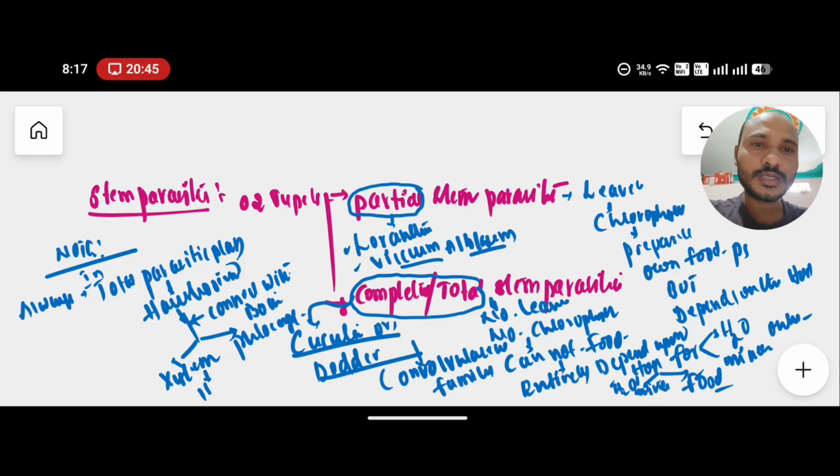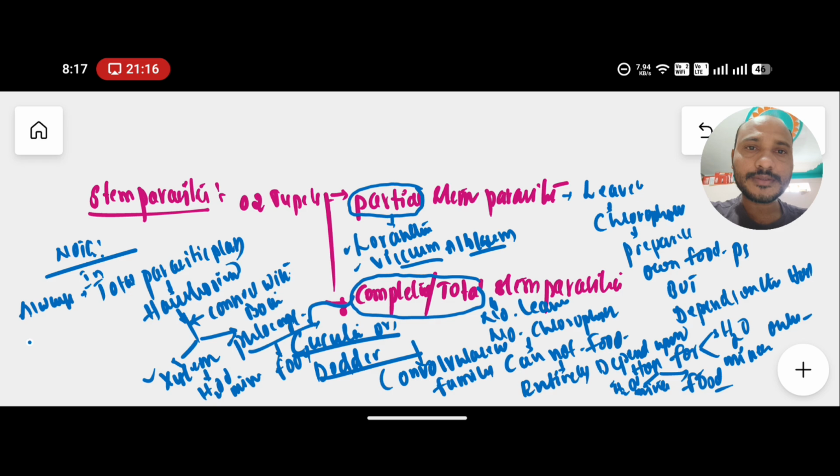For water and minerals. Why do they connect phloem tissue? For their food. So remember this very important concept: in total parasitic plants, the specialized modified organ, the haustorium, penetrates or connects with both tissues, xylem and phloem, for water and minerals and for food.